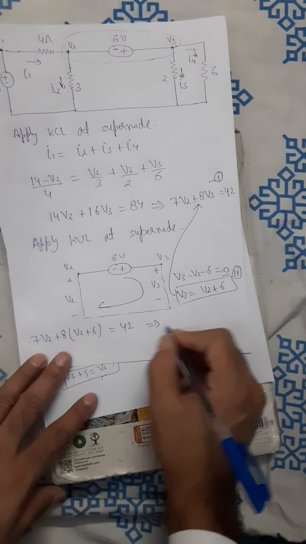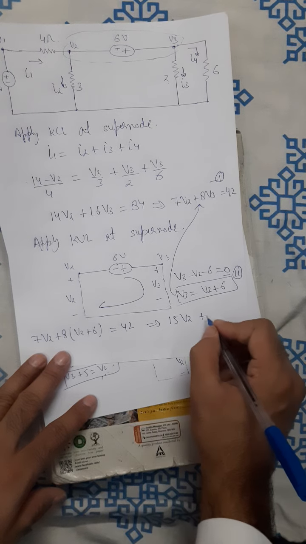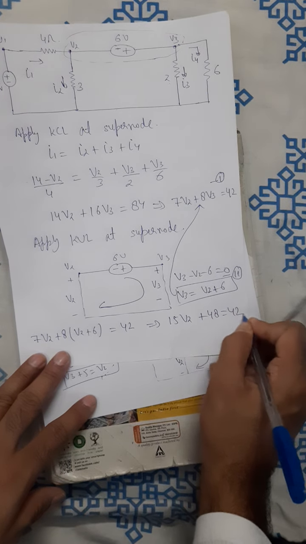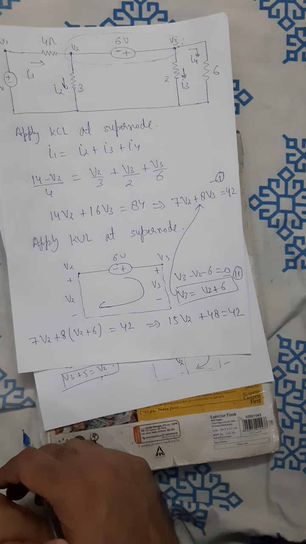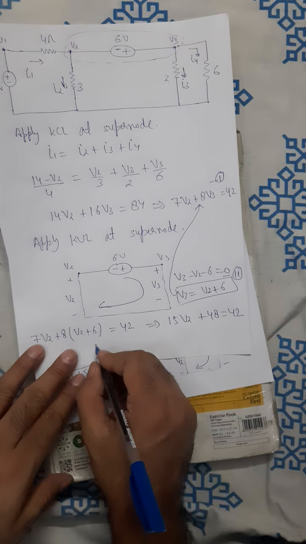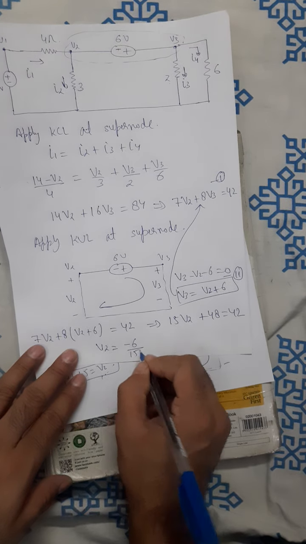Solving further, what will I get? 8 plus 7, 15V2 plus 8 sixes are 48 is equal to 42. So what will V2 be then? V2 will be equal to minus 6 by 15.